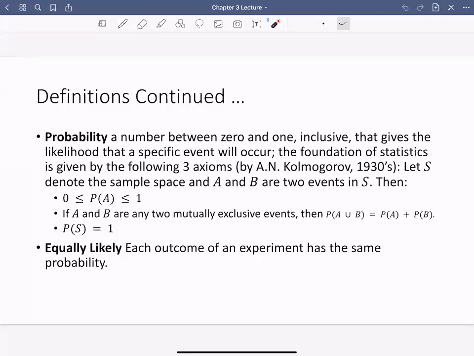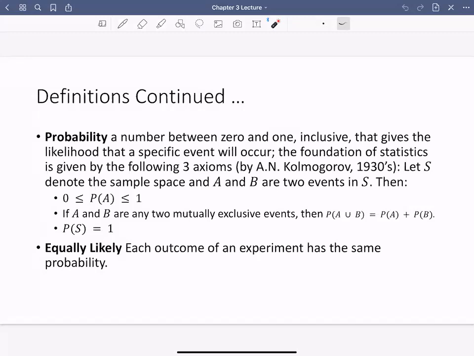Okay, and there are 3 different ways that it kind of denotes this, and it says that the probability of an event, so A, is between 0 and 1. It says that if A and B are mutually exclusive events, then you have this, and we'll get to that later. And then also, get back to what we said, the probability of S, remember S is our sample space, so the probability of our sample space happening is 100% always.